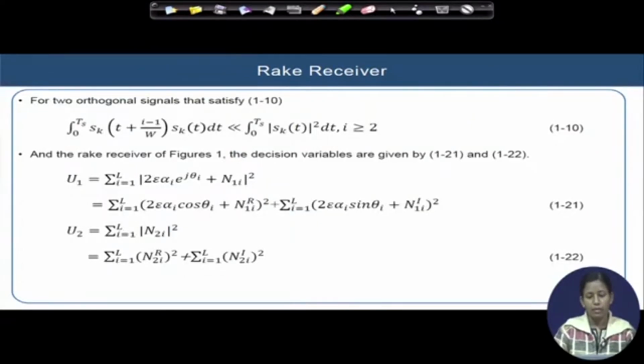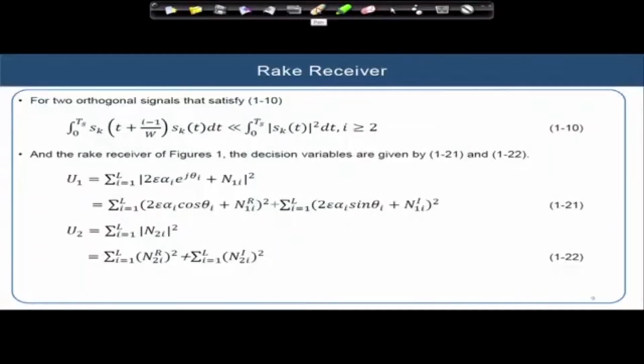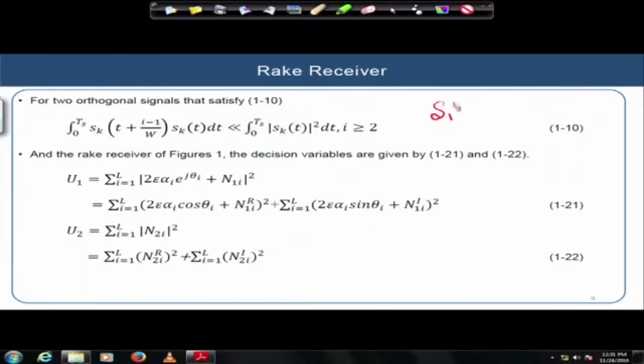We can extend the error probability calculation by taking two orthogonal signals. We did it first with BPSK, where there is a single signal S1(t) only. Now, we have both S1(t) and S2(t) for consideration.